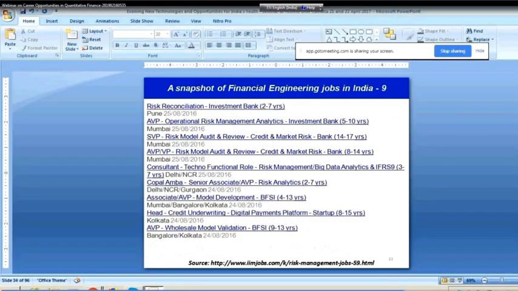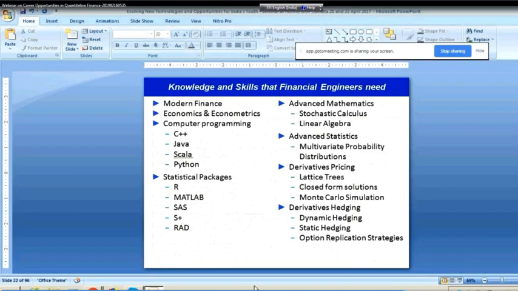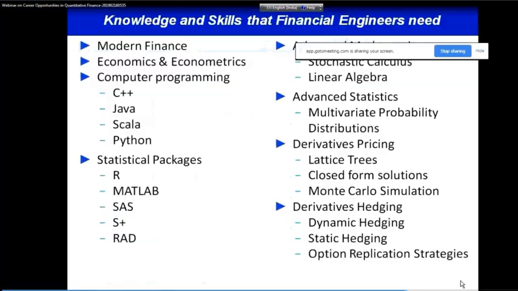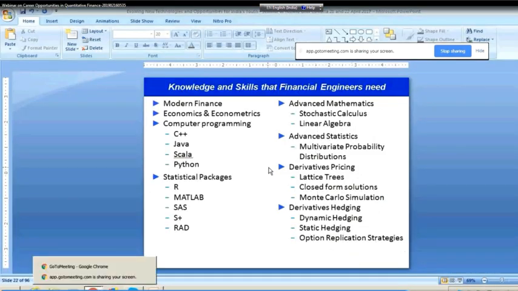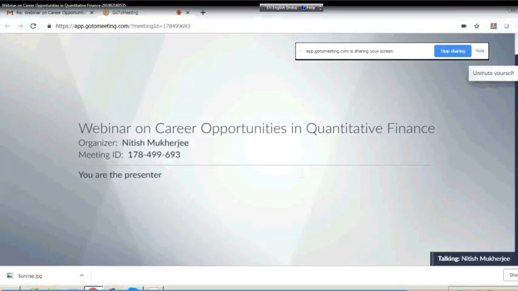If you have a CFA degree, that's wonderful. You can combine that with a program in quantitative finance or financial engineering, and it will be a very wonderful combination. So I would encourage you to do both of them, both CFA as well as a program in quantitative finance.